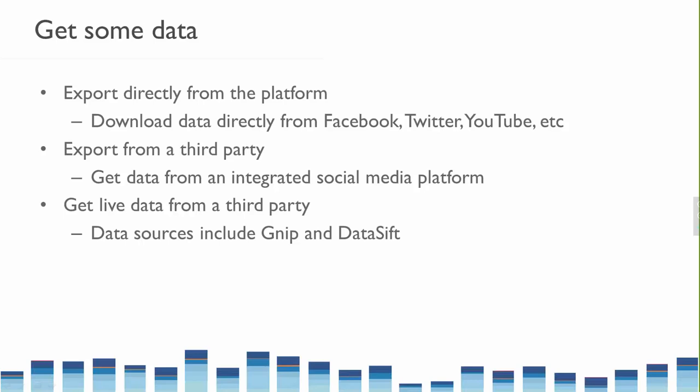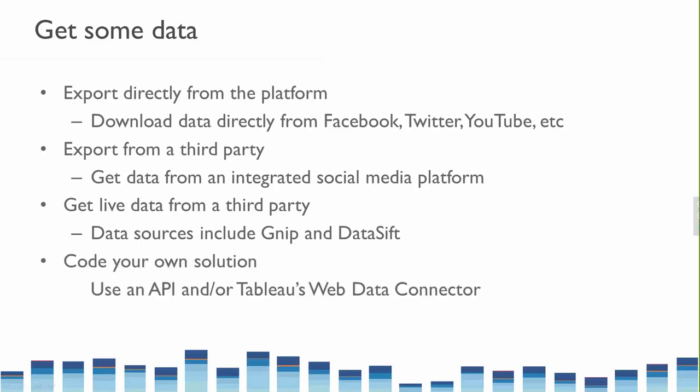You can get live data from third parties as well. So I'm thinking of data sources here like GNIP or DataSift, who actually provide live streams of data. Later on, we're going to have a quick look at an example that focuses on Twitter and how we can use the Twitter streaming API to also get live access to social media data.